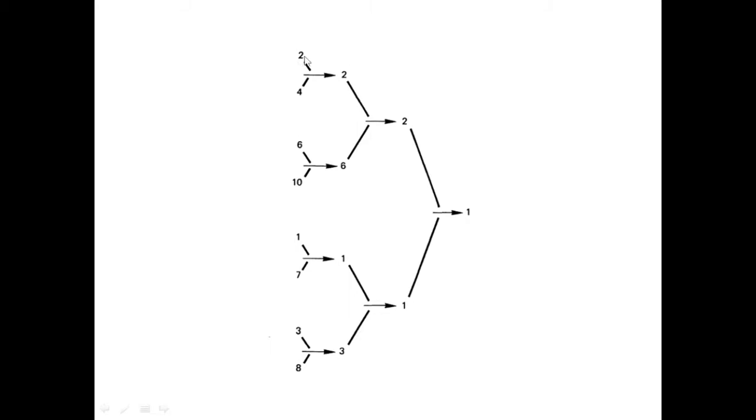That is why the arrow shows that out of 2 and 4, 2 succeeds to the parent node. Similarly, out of 6 and 10, 6 being the minimum of these two, will move ahead and be copied to the parent node. Similarly, out of 1 and 7, 1 being the minimum, will move ahead to be copied in the parent node.